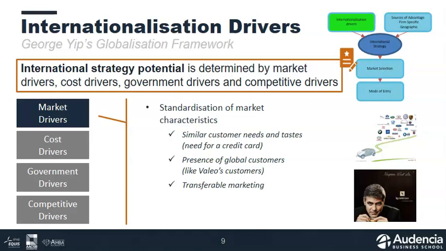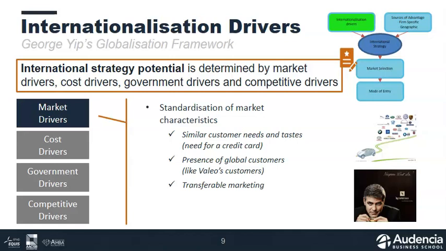Today, take the example of Valeo, an automobile parts provider based in France. Its customers are everywhere. Valeo provides products to car producers throughout the world today. Why? Because the products are standard and can be used in multiple different types of vehicles.